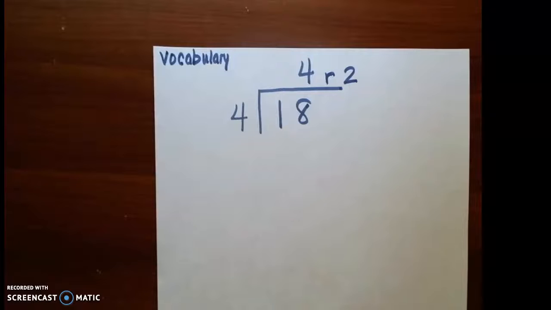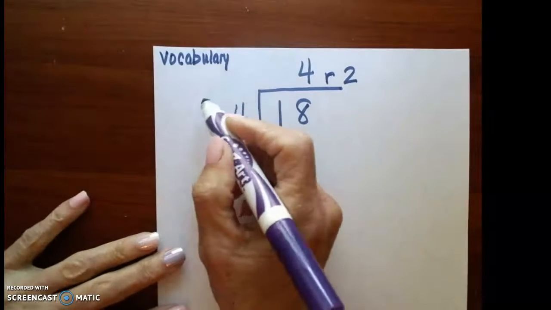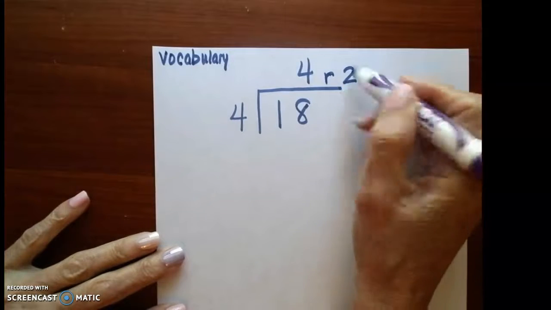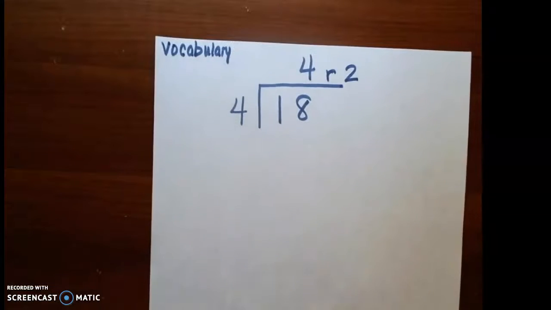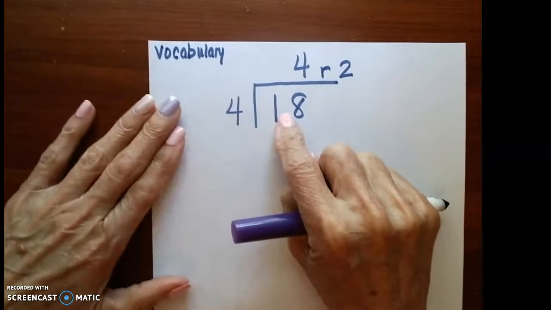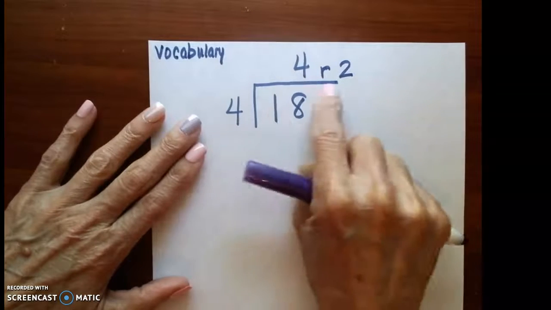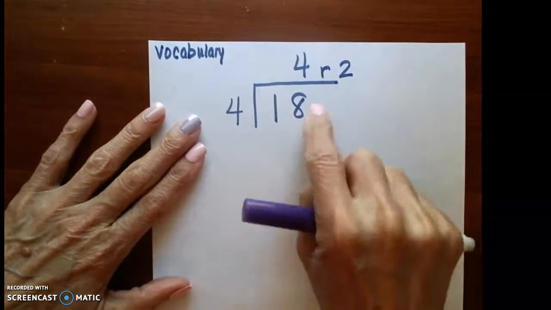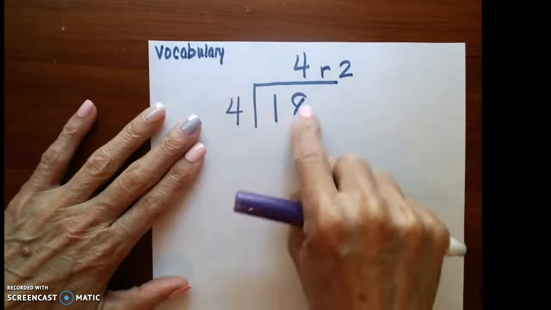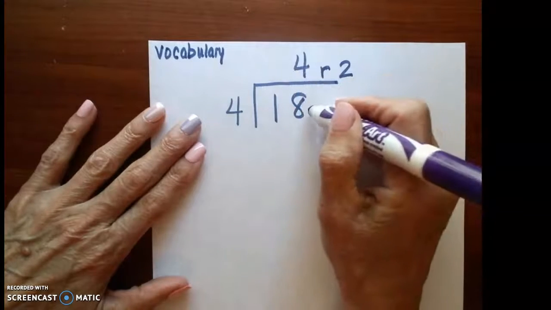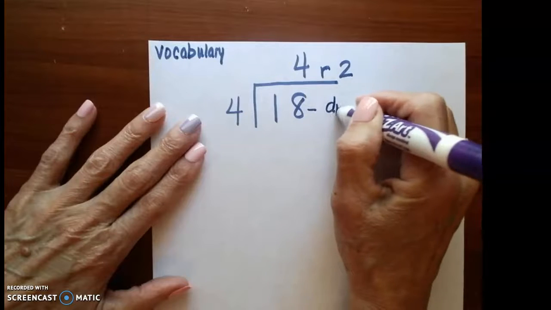Hey boys and girls, we are going to quickly review some vocabulary for division, including our friend here, which is called the remainder. So here I've already have a division equation that I've set up. This is called your division house. And let's talk about this number right here. This 18 represents the dividend.